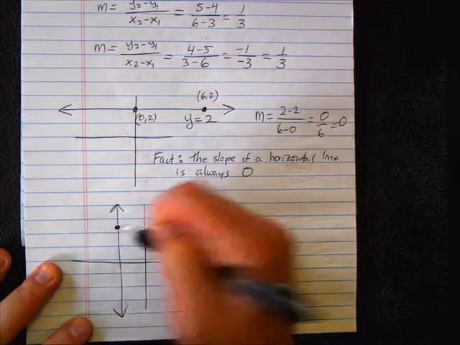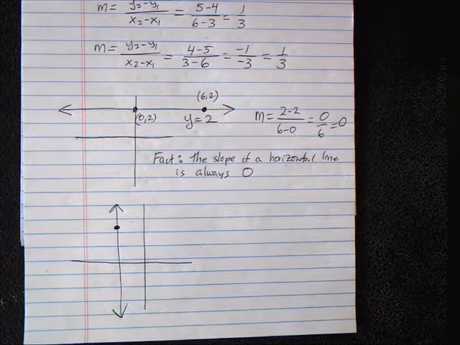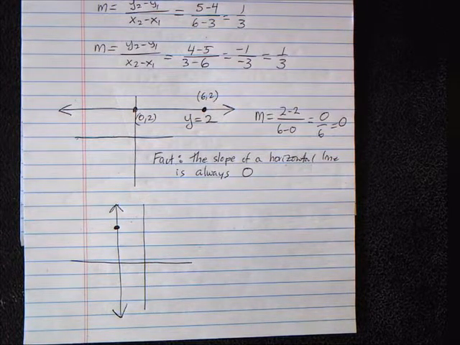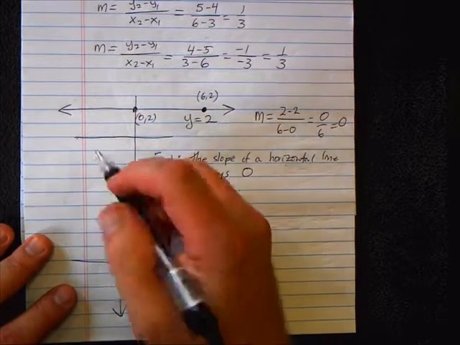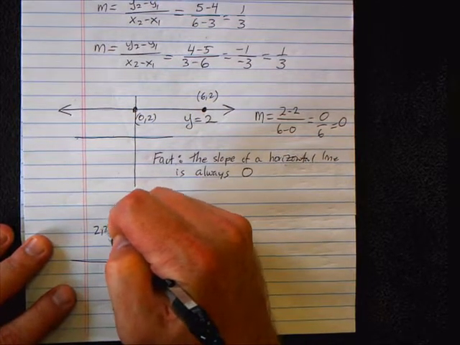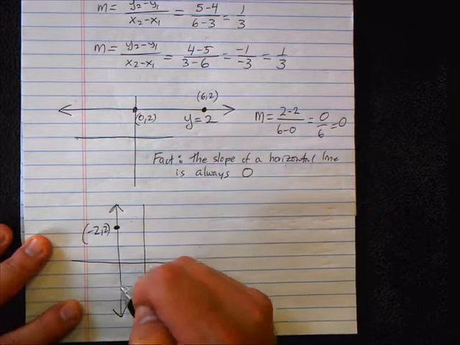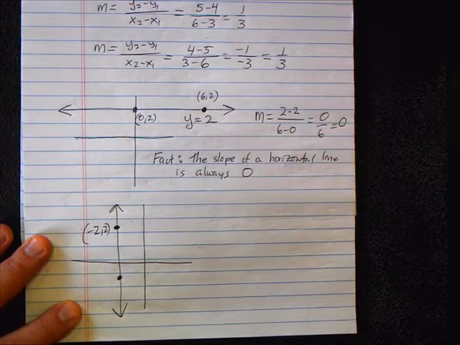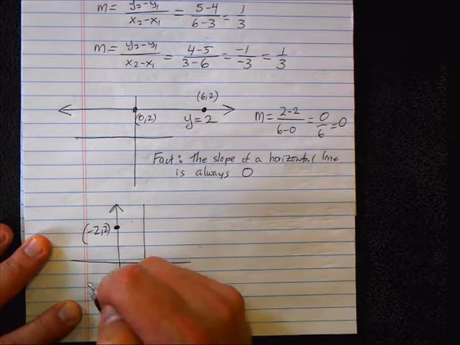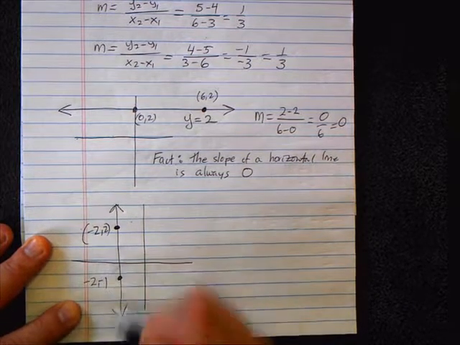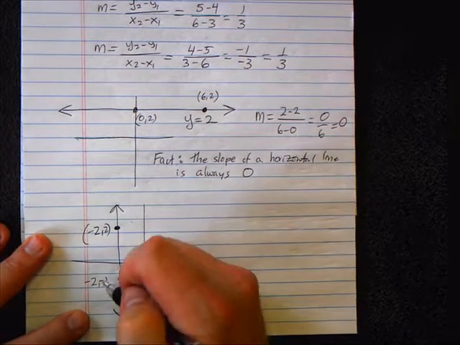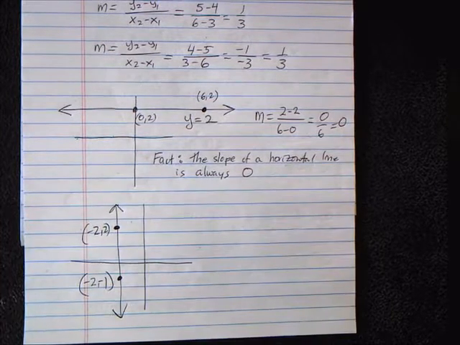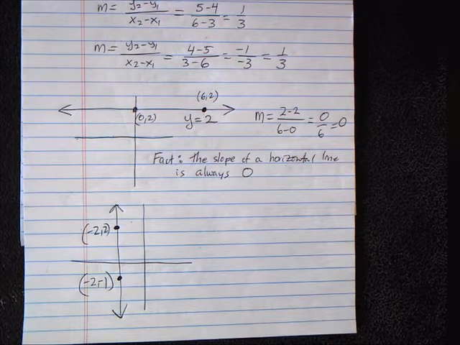What's that point right there? -2, 2. Okay, that's believable. And how about this point right here? I think that would have to be -1, wouldn't it, because it's down below the axis. -2, -1. All right.